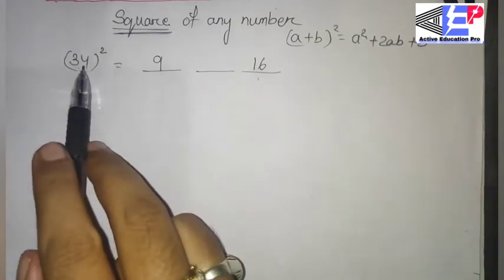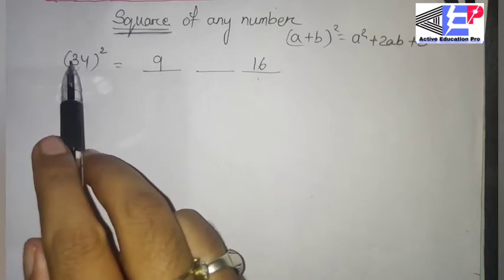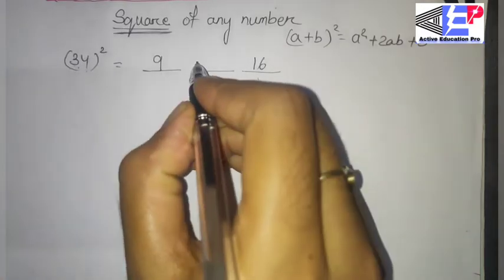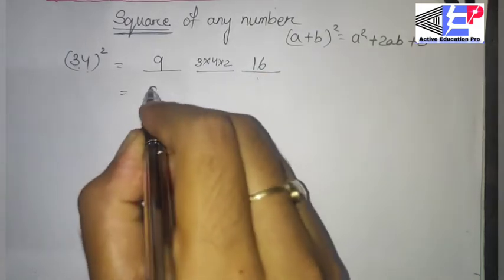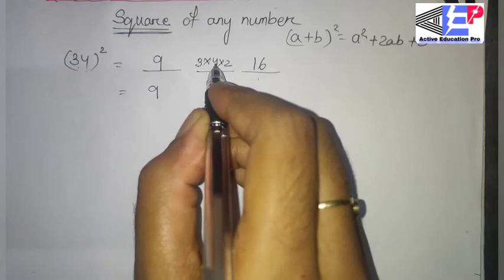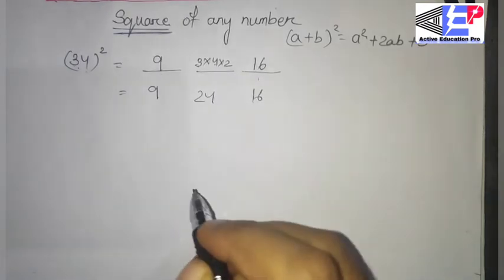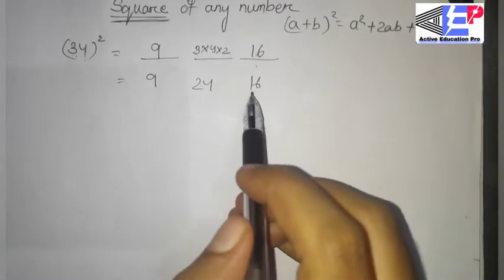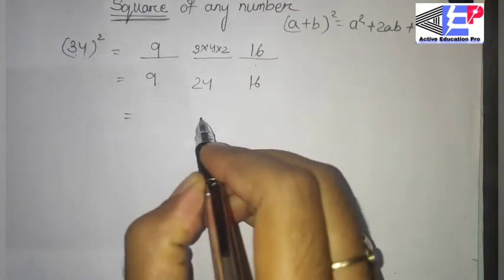Here 2ab means 3 into 4 into 2. This one is 9, 3 fours are 12, 2 twelves are 24, and this one is 16. Now right now for the unit place, here the unit place is 6.